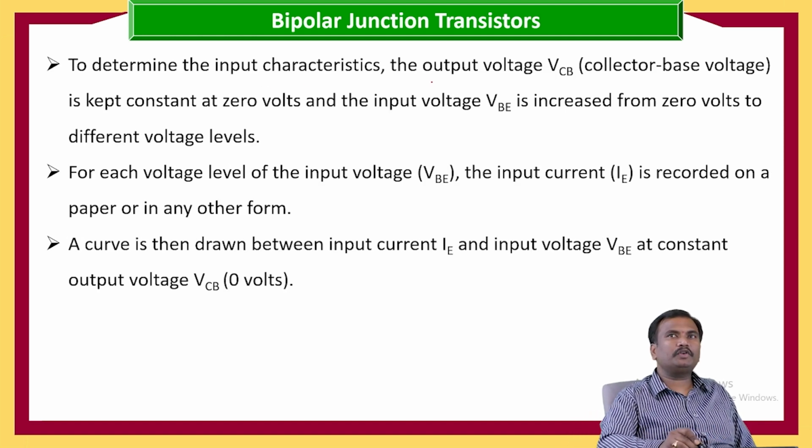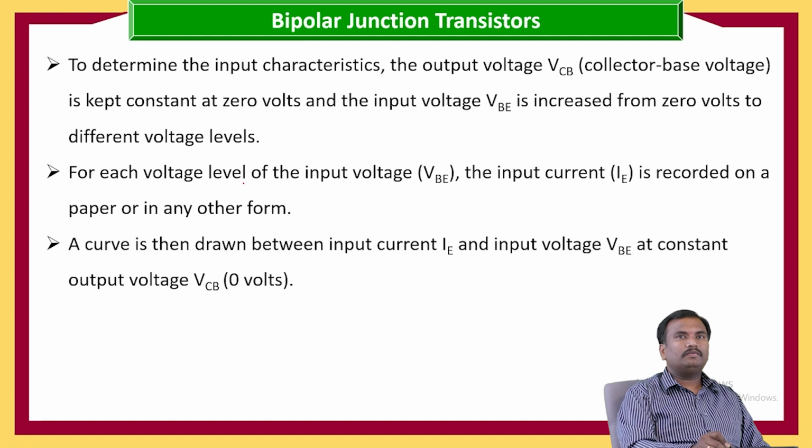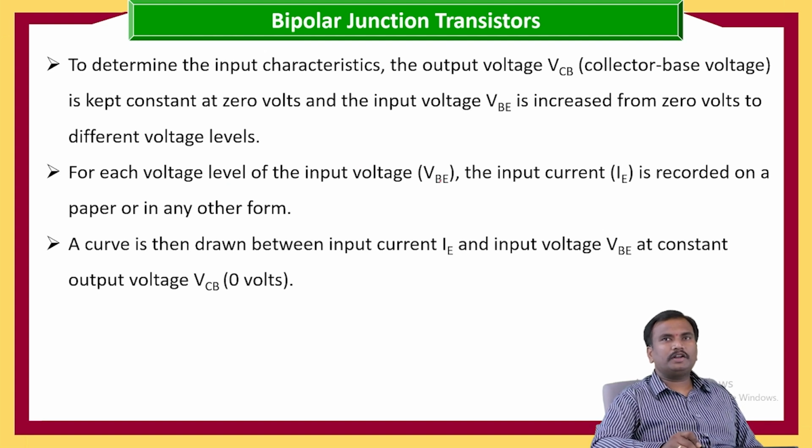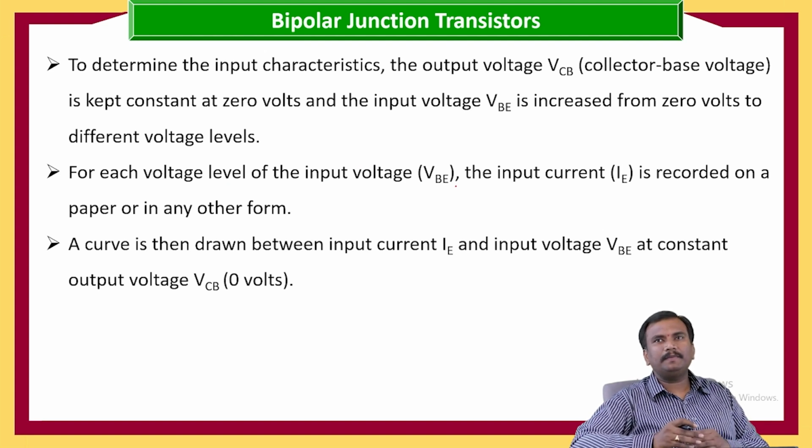To determine the input characteristics, the output voltage VCB is kept constant at some value, let us keep it at 0 volts, and the input voltage VBE is varied. For each voltage level of VBE, the input current is recorded on paper or in any other form.